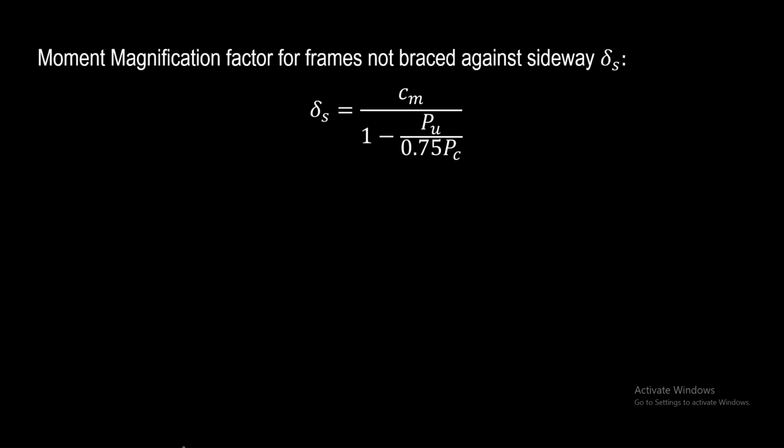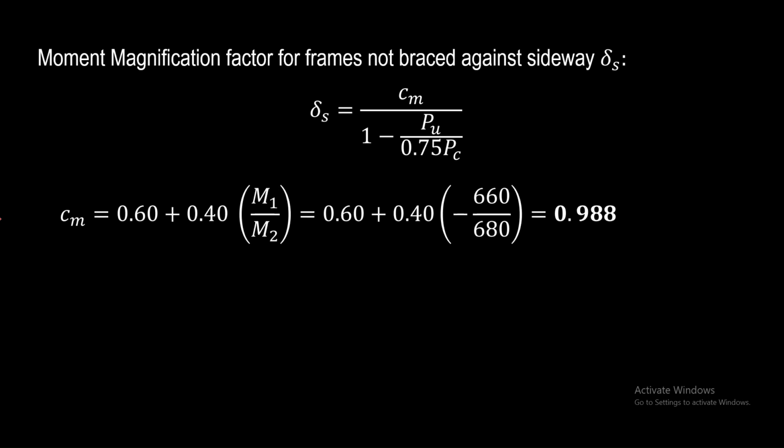Next, letter B, for the moment magnification factor for frames not braced against sidesway, or sway frames, we have the equation Cm over 1 minus Pu over 0.75 Pc. For the value of Cm, we have the equation 0.60 plus 0.4 of M1 over M2, or the smaller moment over the larger moment.